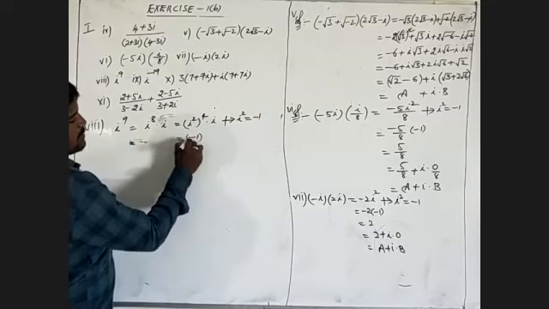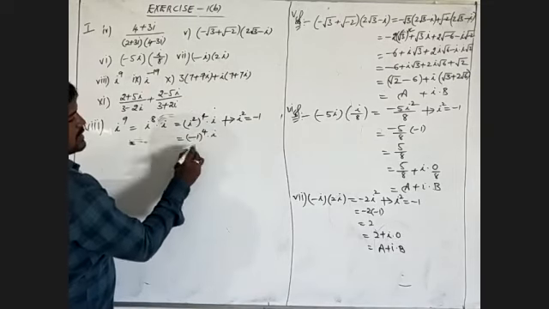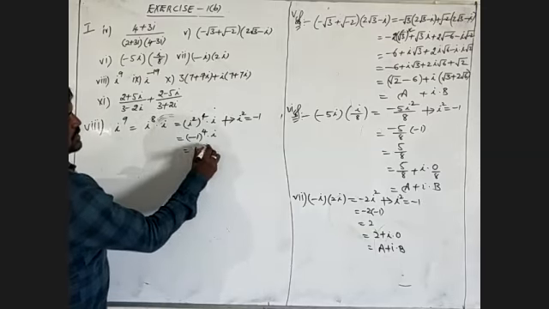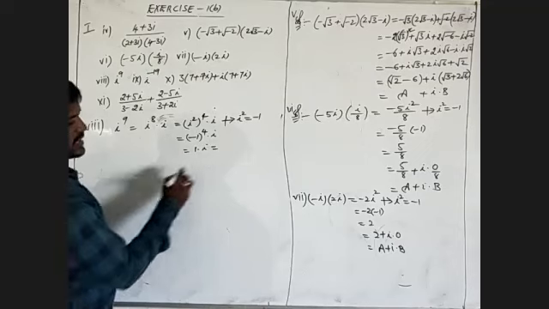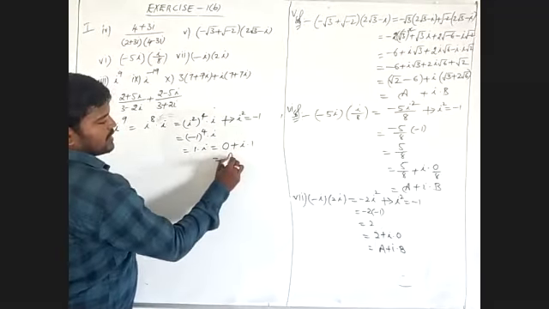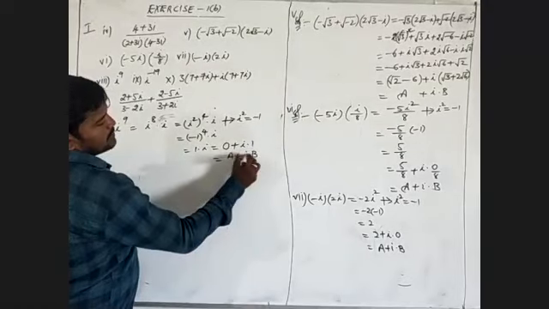That means minus 1 whole power 4 into i. Minus 1 whole power 4 is 1. Remaining is 1 into i, which is written as 1i. This becomes 0 plus i into 1. Then it is of the form a plus i b.